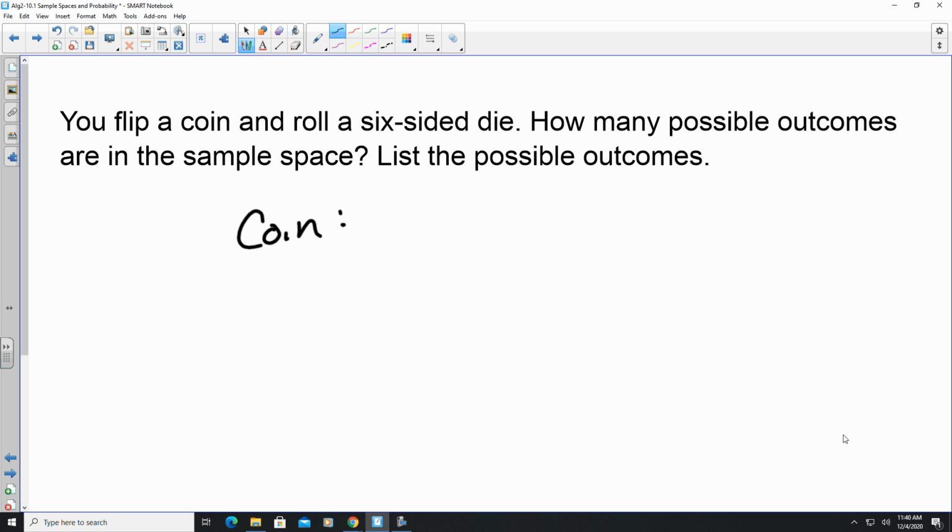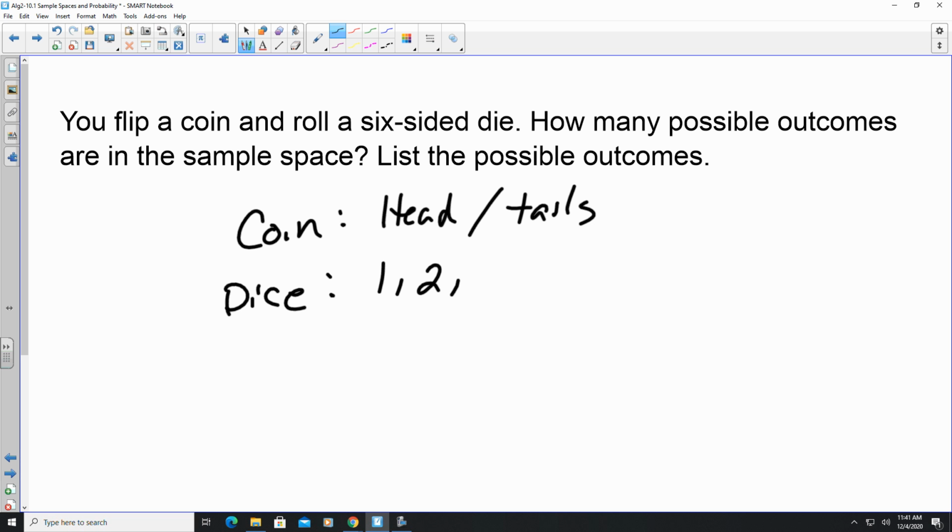You flip it, and it either is going to be heads or it's going to be tails. All right, if we roll the dice, it's either going to land on 1, 2, 3, 4, 5, or 6.